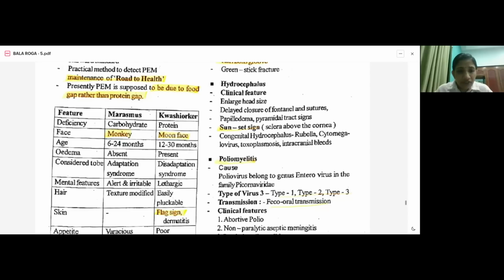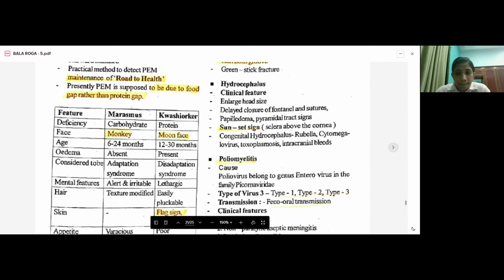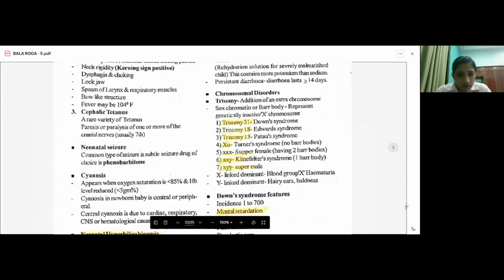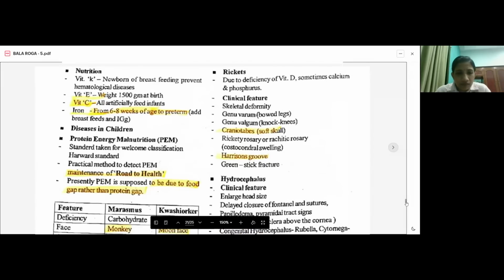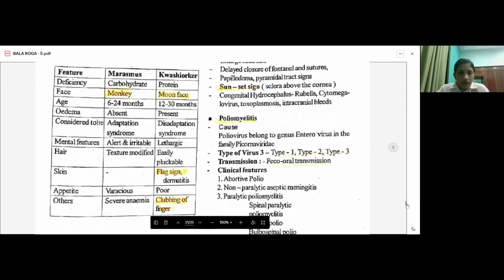The mental features include alert and irritable. The hair texture is modified here, and there are no specific signs present. The appetite is present in this case, and the patient has severe anemia. Okay, these are the features of marasmus.